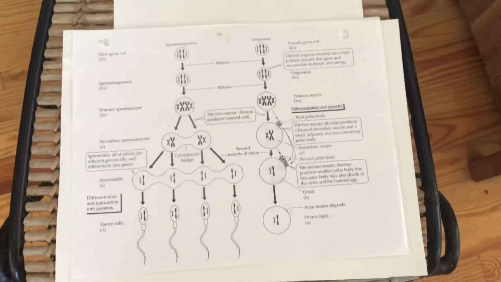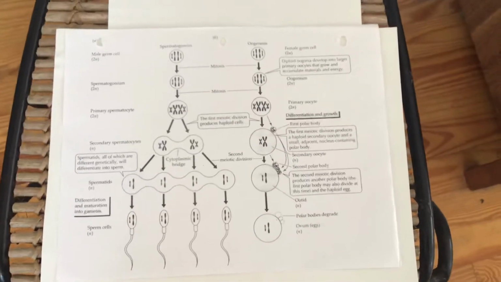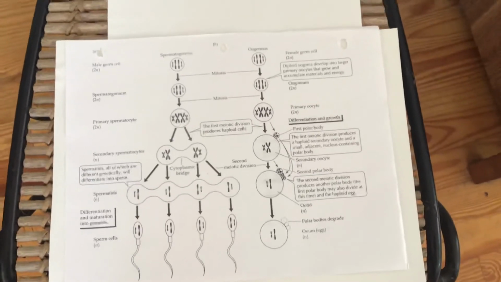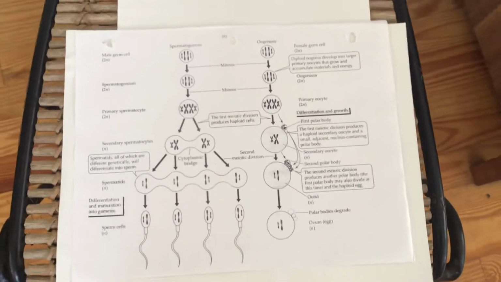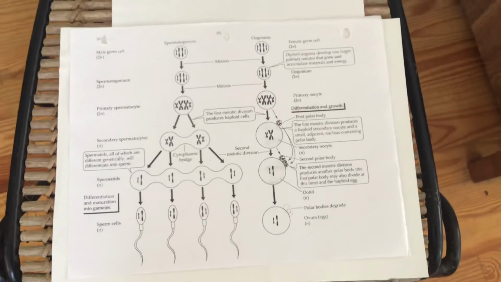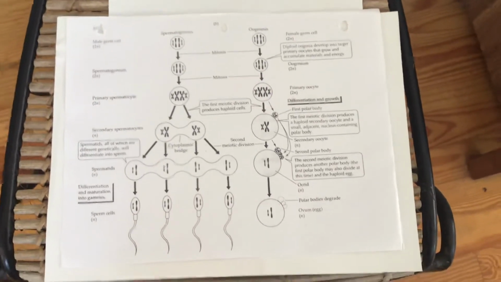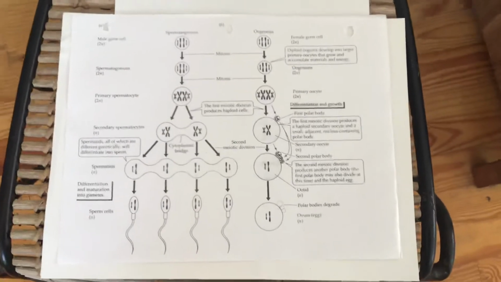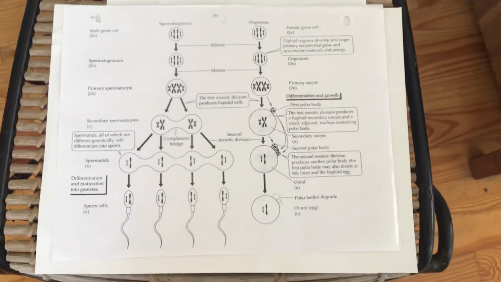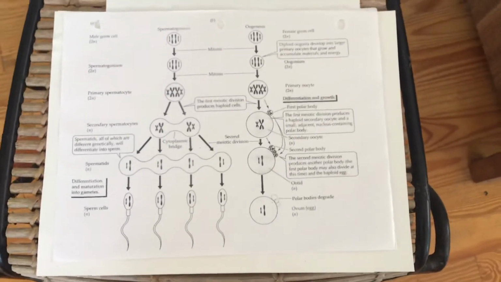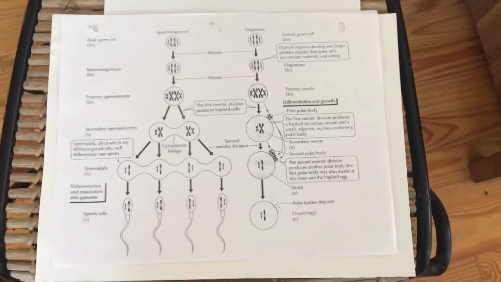The same thing happens on the other side. Notice that I forgot to say that the male part is called spermatogenesis. The other side, which is creating the egg, is called oogenesis, and it's pretty much the same idea. The main thing that's different about human oogenesis is that the egg cell has more of the cytoplasm.